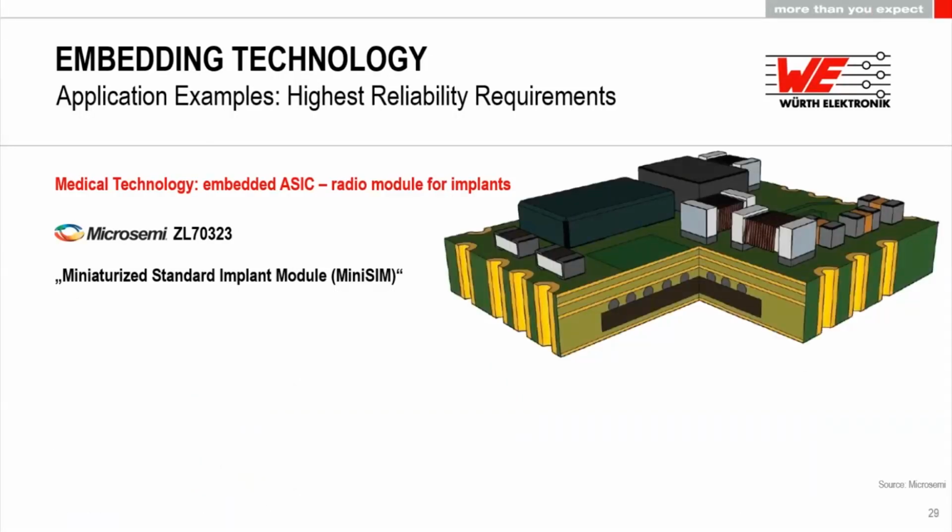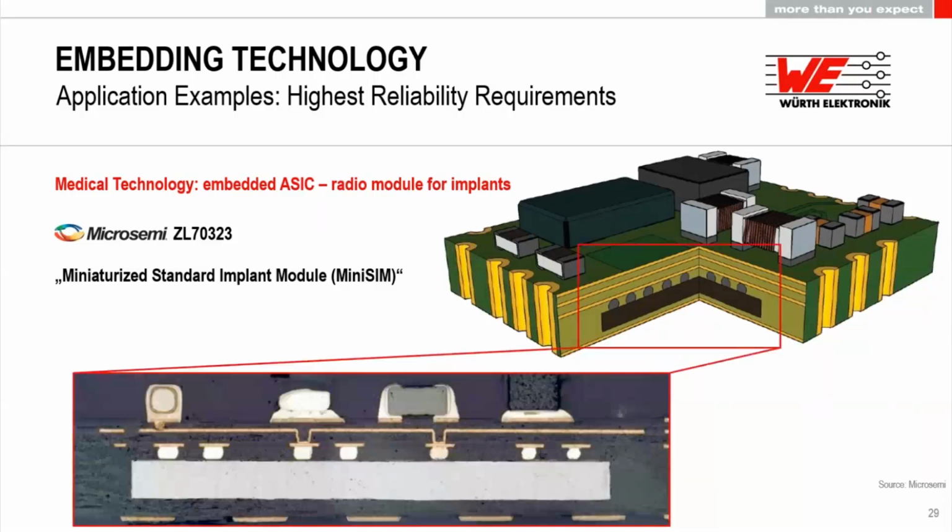And when you look at how this is being done, you see here the 3D model where the embedded ASIC is being shown. And when you do the cross-sectioning of this model, then you directly see this die being solder assembled onto this inner layer core in that case.